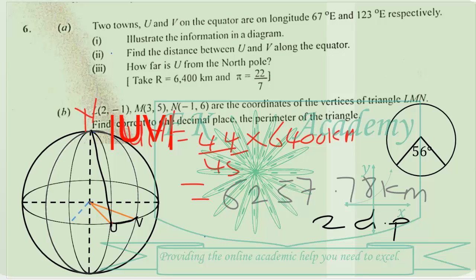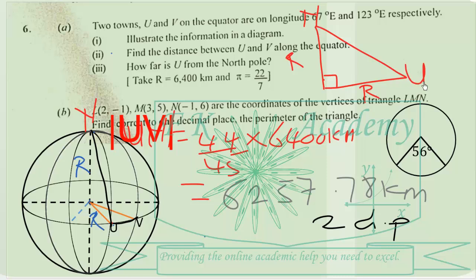And don't forget that this is R. This is also R. From the center to U is also R. So the whole thing will look like this. R here, then N here, and U here.